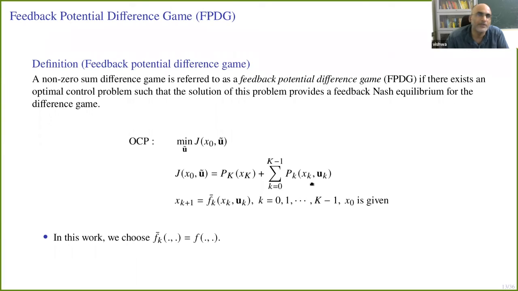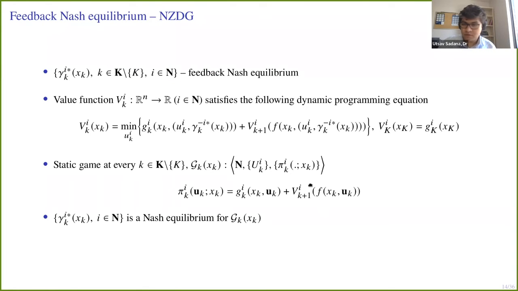Yes. Thanks. Okay. So just to see, a feedback Nash equilibrium is obtained by solving the Bellman equation, that is the dynamic programming equation, where V k i is the value function of each player. The main important thing in the formulation of feedback Nash equilibrium is that at every time step we're actually solving a static game where the payoff of player i is the instantaneous payoff plus the cost to go accumulated from stage k plus 1 till the terminal time, right?